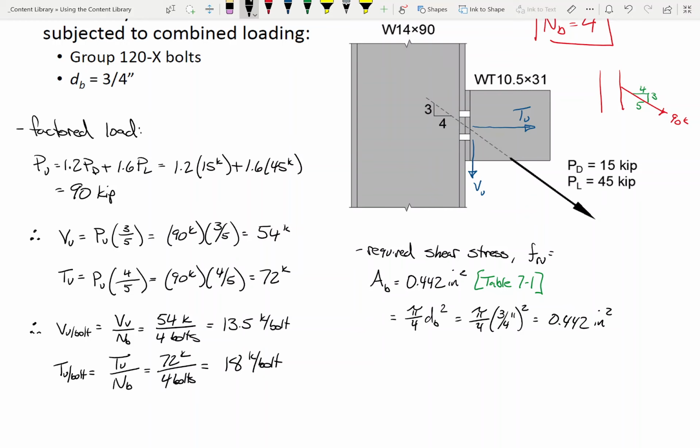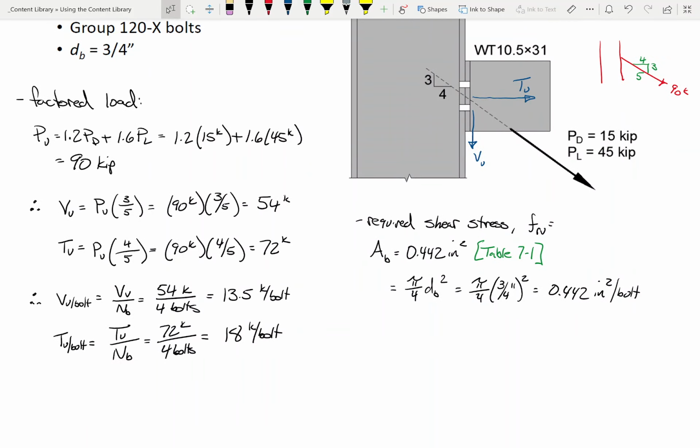Or maybe what we should do is say inches squared per bolt, because that's actually what's going on. That's the square inches per bolt. Sound good? Okay. All right.